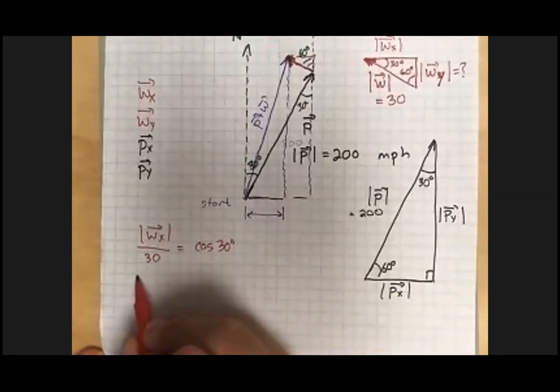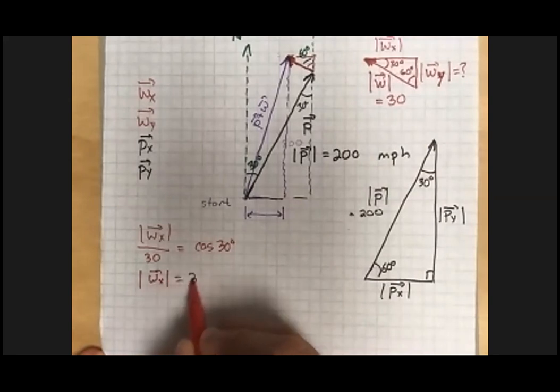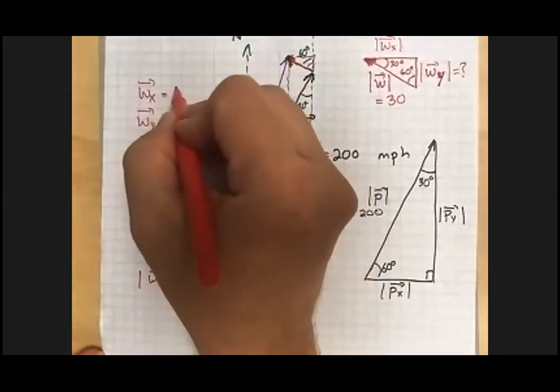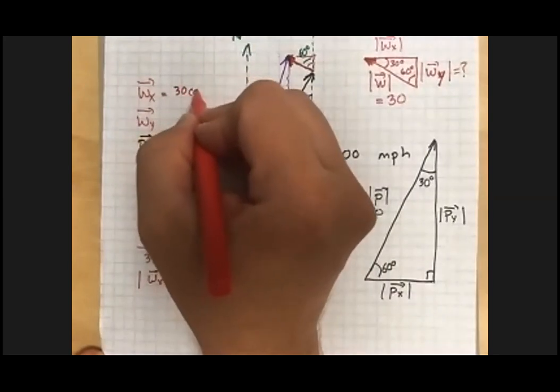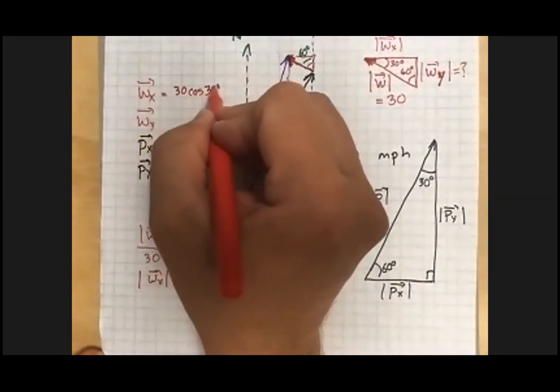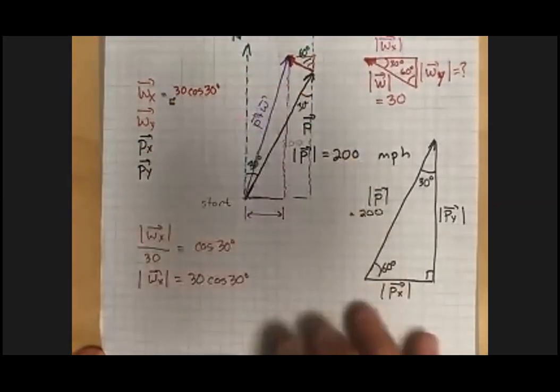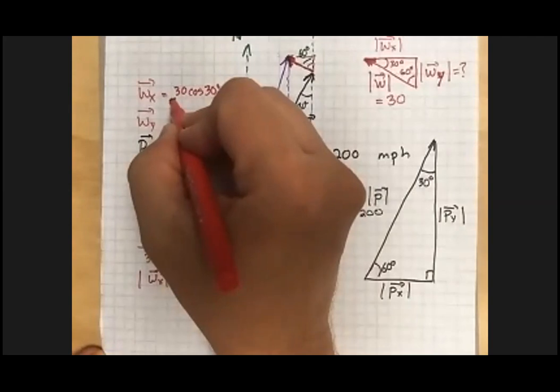And that means the WX magnitude is 30 miles per hour times the cosine of 30 degrees. That's what this is exactly. Now, what is that approximately? With a little wiggle on top.